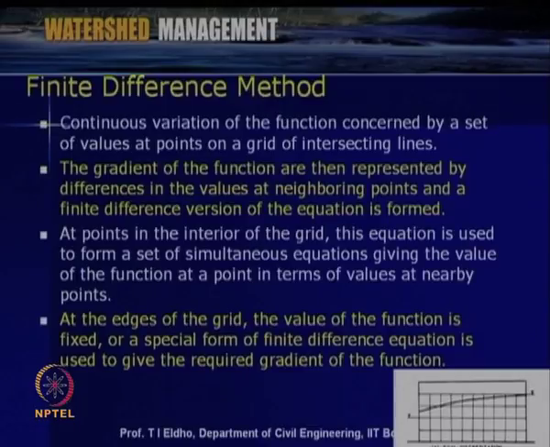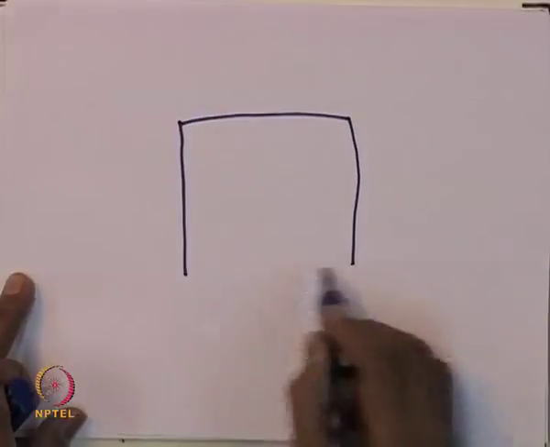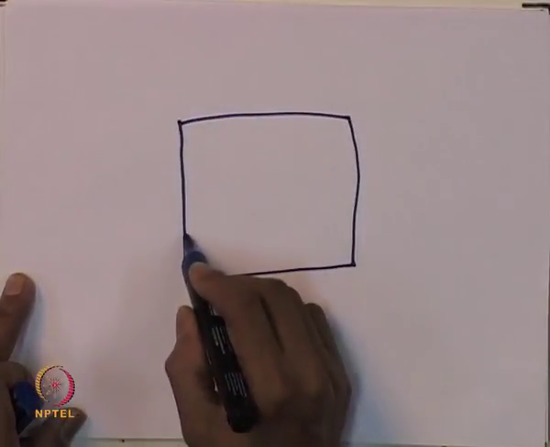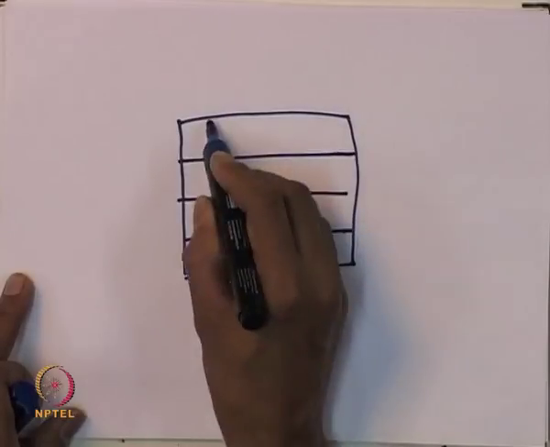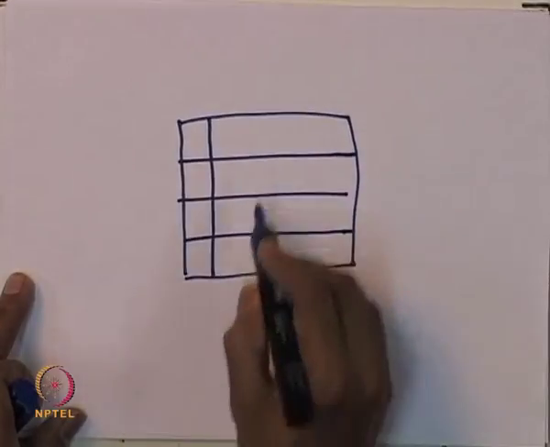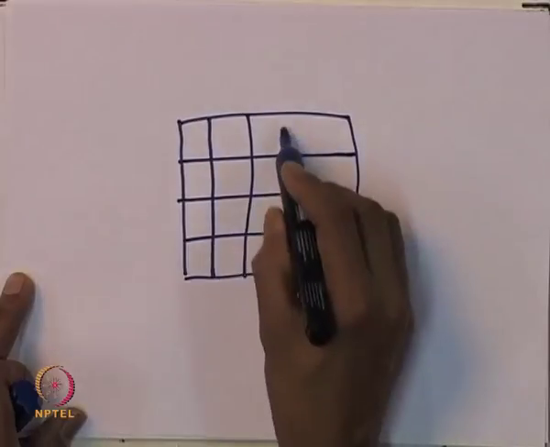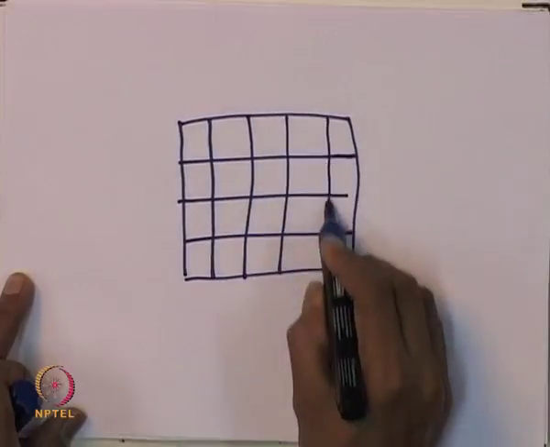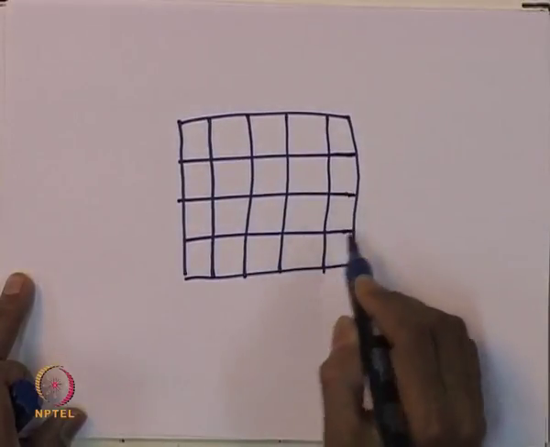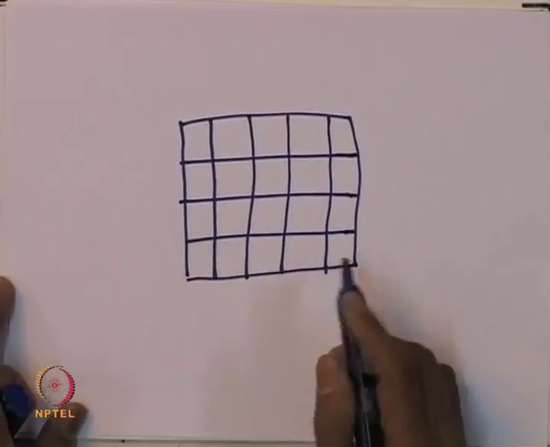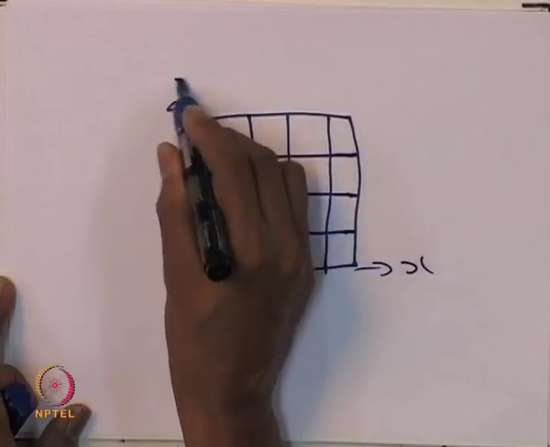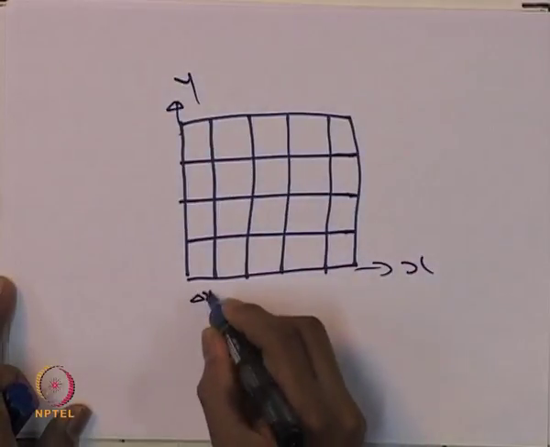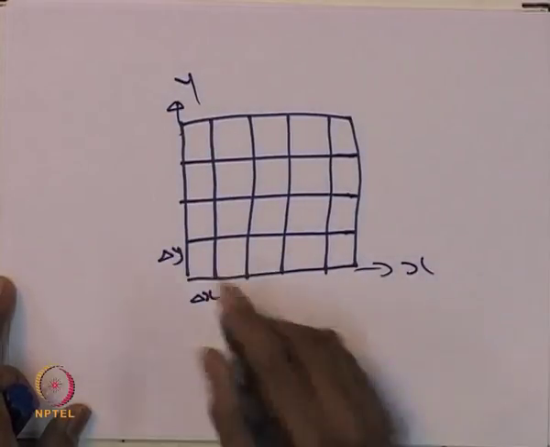If you consider a domain like this, we can discretize the domain using rectangular or square grids like this, and then consider the governing equations. Here, for two dimensional modeling, this is x and y, this is delta x, and this is delta y.